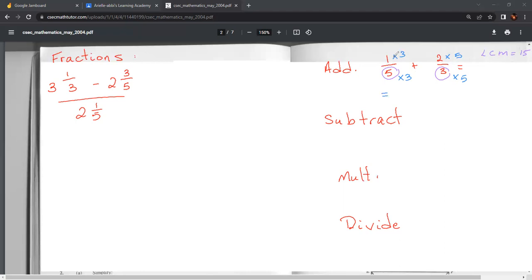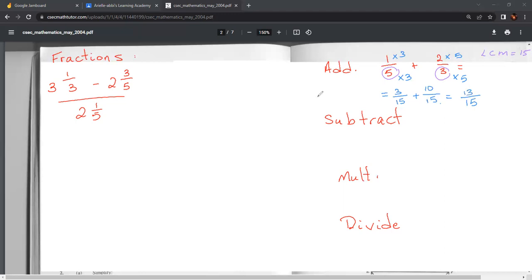And then I multiply. 3 ones are 3 over 5 threes are 15, plus 5 twos are 10 over 5 threes are 15. Once my denominators are the same, my denominator stays the same, and then we add the numerators. 10 plus 3, that's 13.